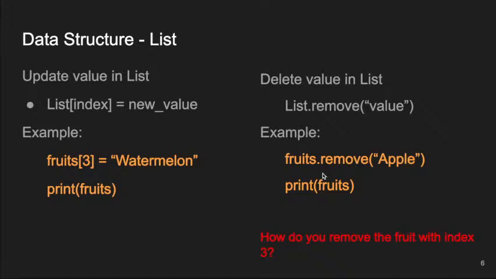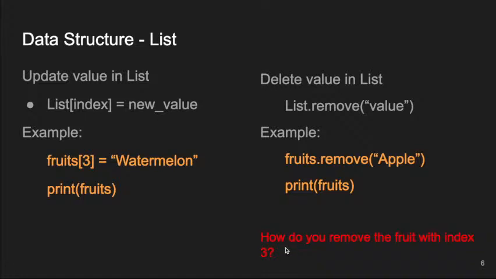I want you to try this example. What happens when you write fruits.remove('apple') and then print fruits? What do you get? You can try that in the labs and see what you get.